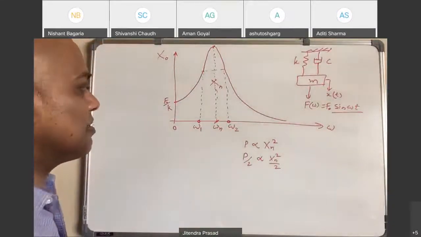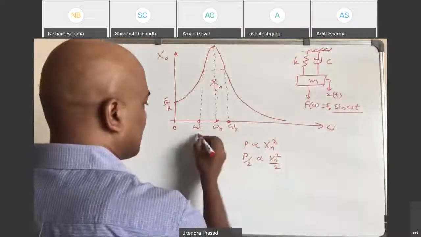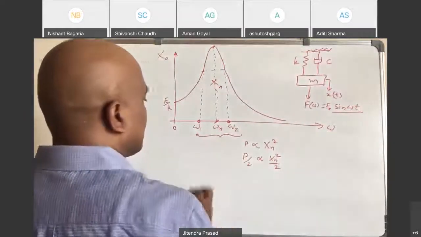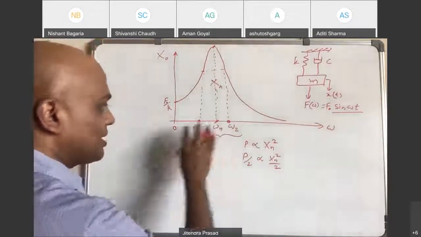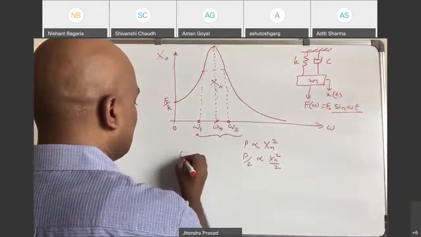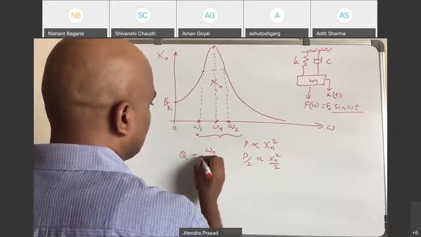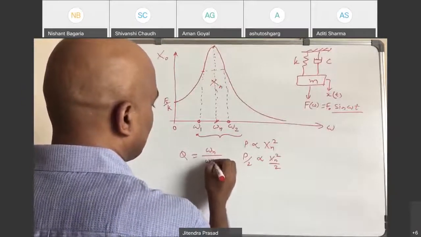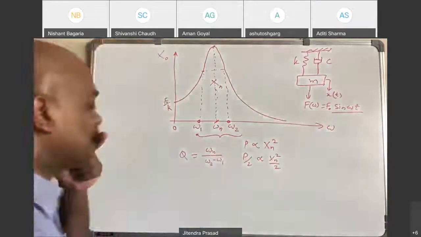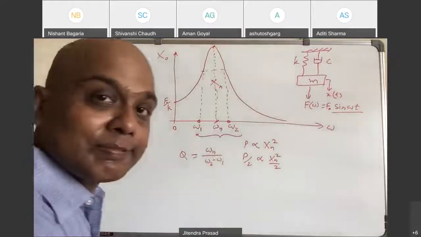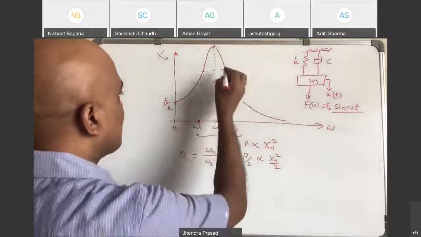We define the sharpness of the resonance in terms of this only. The Q that we defined was equal to omega n divided by omega 2 minus omega 1, right? That's what we did. Now, what is the meaning of this?